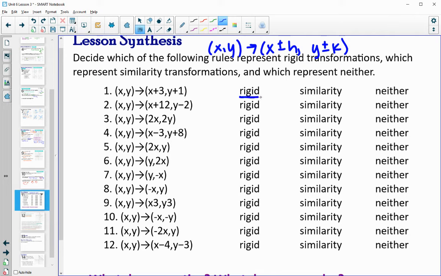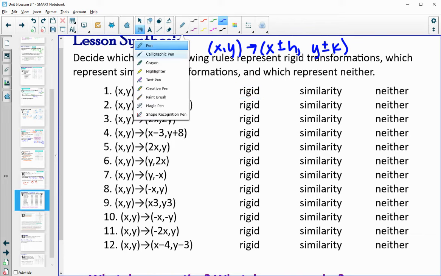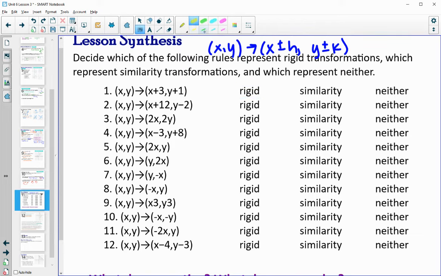So this one is going to be rigid. Let me get a highlighter instead. All right, so this one's going to be rigid. This one's going to be rigid. Here we just subtracted 3, added 8. This bottom one subtracted 4, subtracted 3. So certainly those are all a bunch of translations.